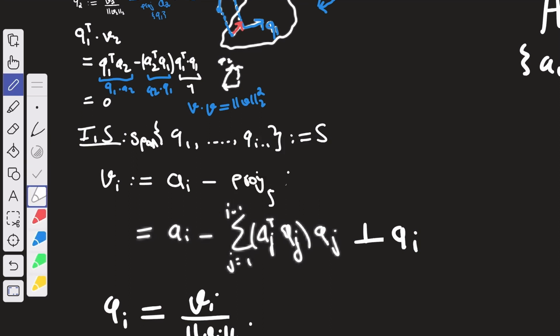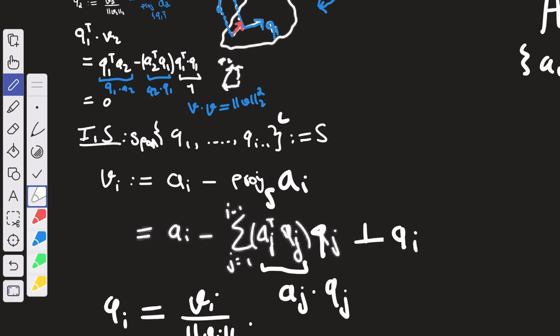This vector ai, we subtract the projection of it onto the set S, just as we did for the previous case. It is clear that doing that, we will get a vector in this span, meaning a linear combination of the qj's. And what kind of linear combination will give us the desired result? It is the linear combination where the scalars are just the dot products of aj with qj.